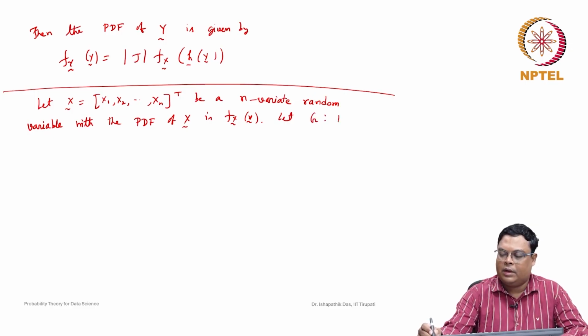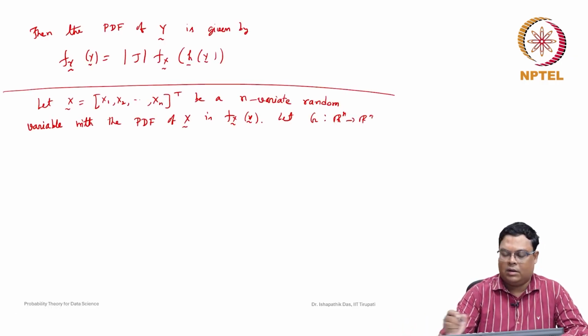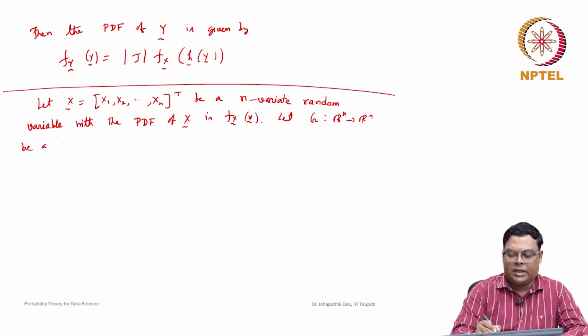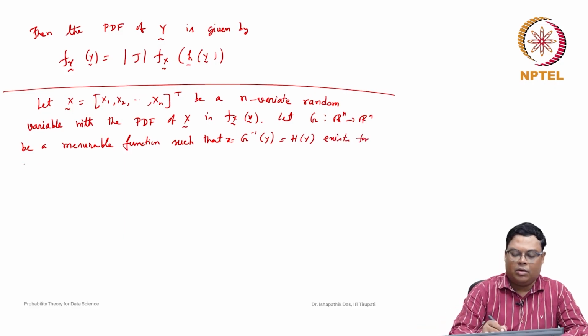Let g from Rn to Rn be a measurable function such that g inverse of y, X equal to g inverse of y, which is equal to h(y), exists for all y.